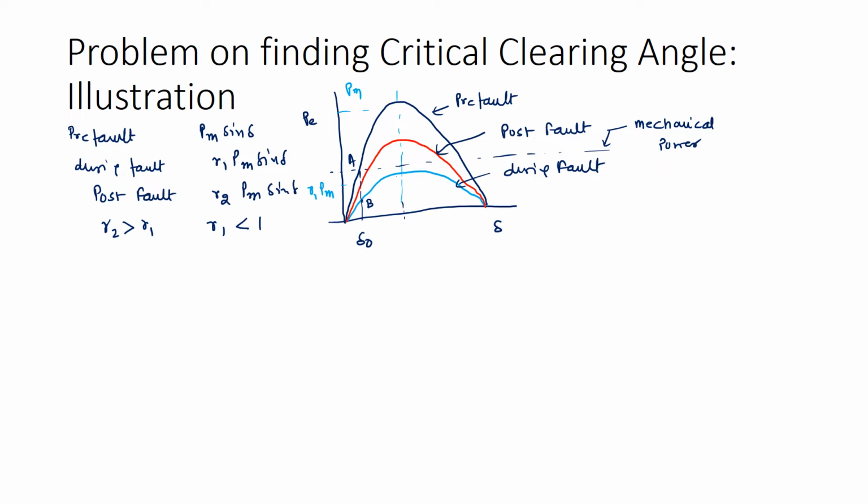That means it will correspond to some change in delta. So, let me say this delta is equal to the critical clearing angle. Then there will be an operating point. Let me say this is point C, this is point D, and the swing reaches delta M.